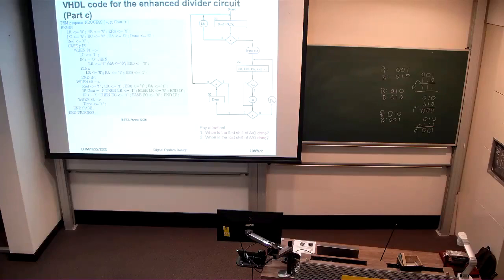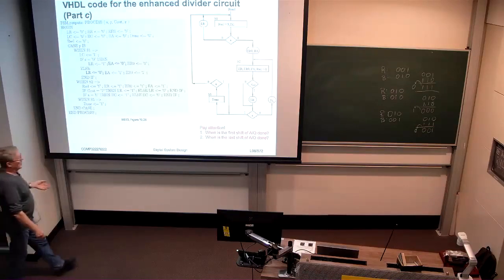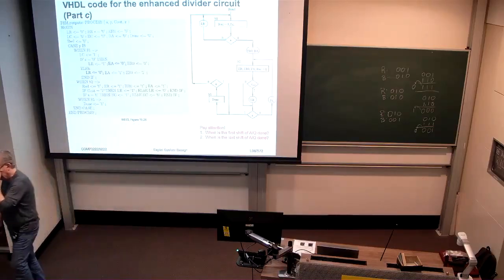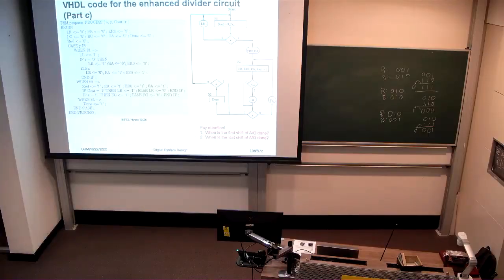Okay, then a couple of questions for you guys. When is the first shift of the A and Q register done, according to the ASM chart? When is the first shift done?